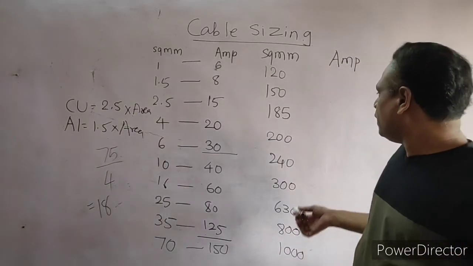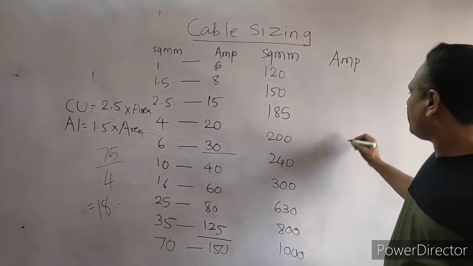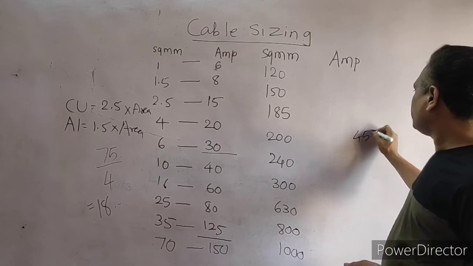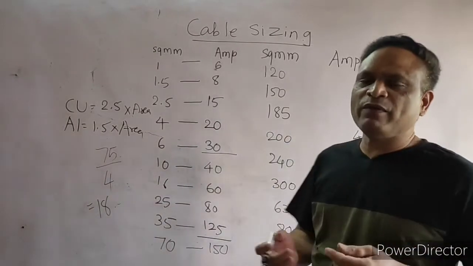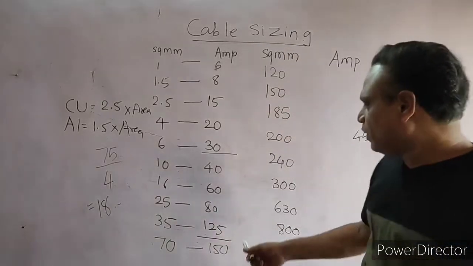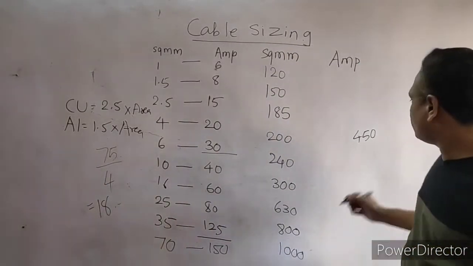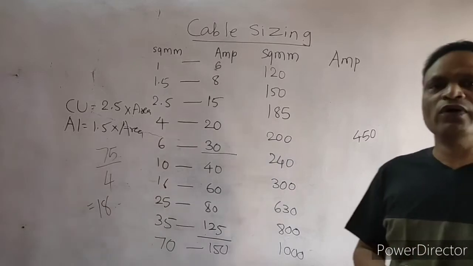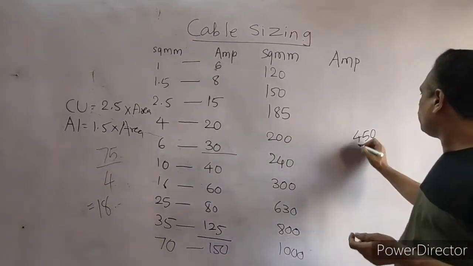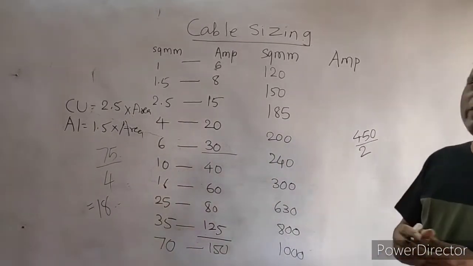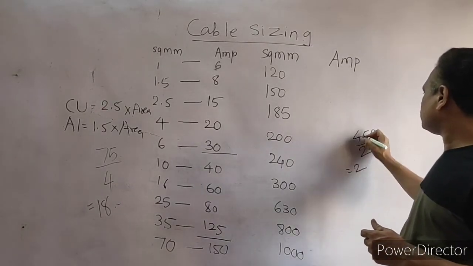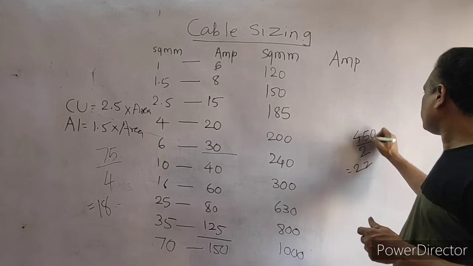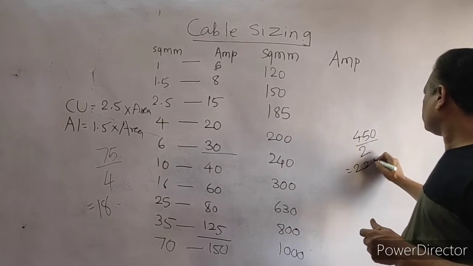Now if my current rating is say 450 amperes, which cable should I select? This 450 is more than 125, so after 125 I simply divide the current by 2 to find the size. 2 2s are 4, 2 2s are 4, so 225.